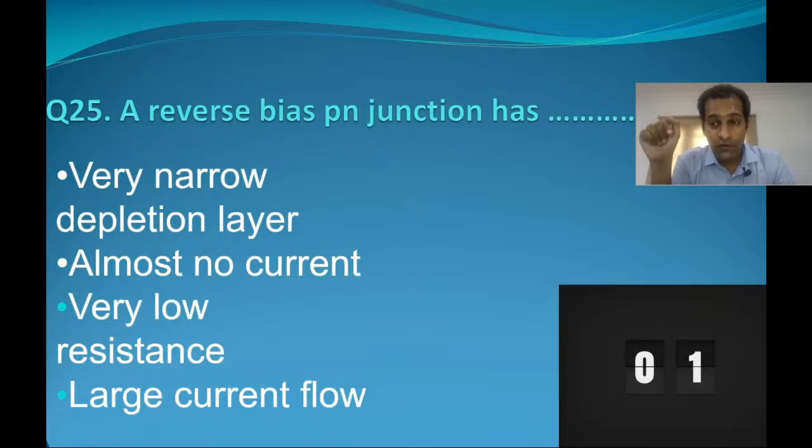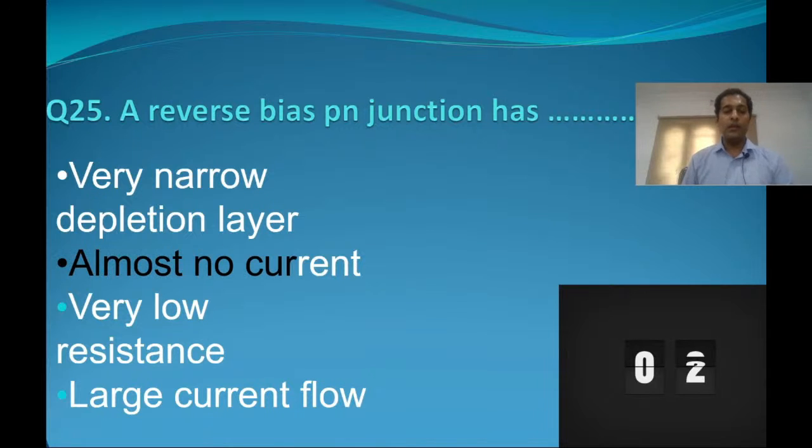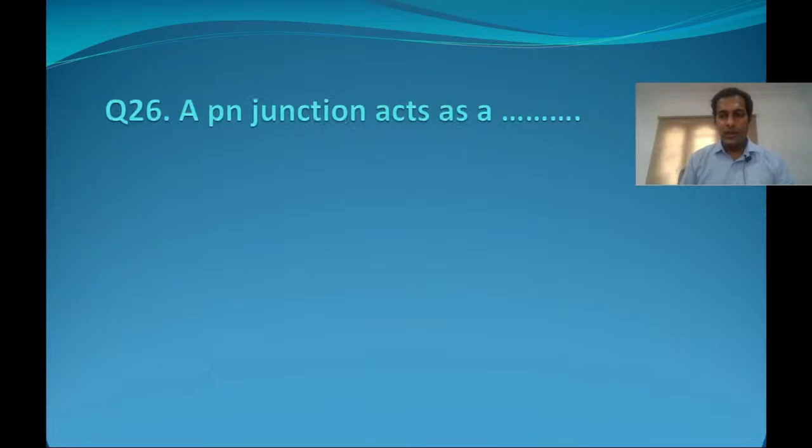When it is on, the circuit breaks the depletion region and current starts flowing. So what should happen with the depletion layer? Should it be narrow, small or large? Almost no current or very low resistance. The answer is no current. If it is off, there is no current. Let us move to the next question.